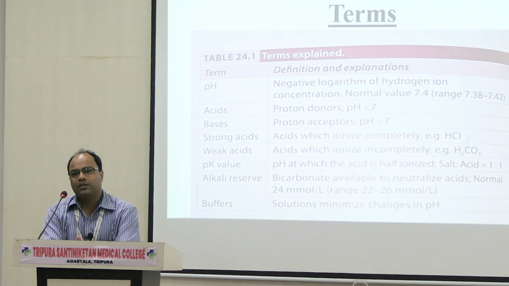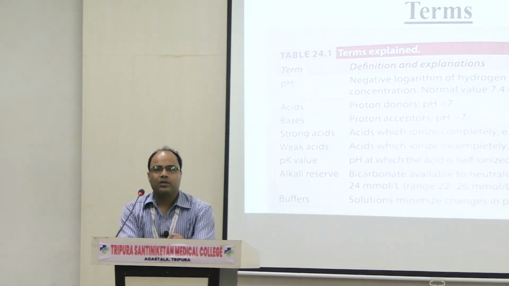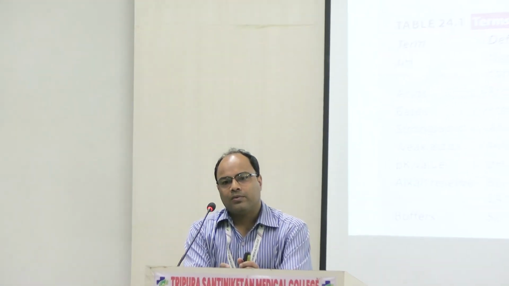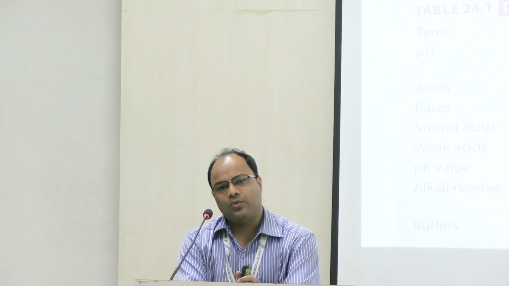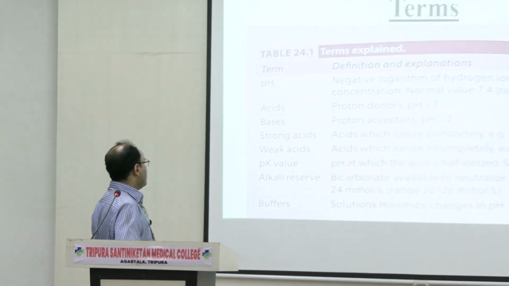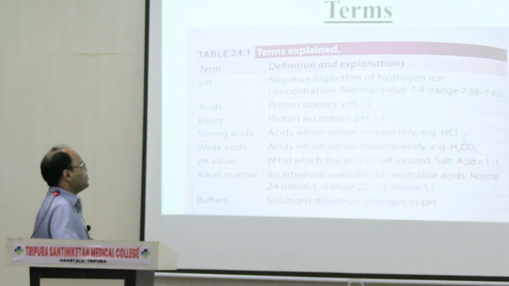On the other hand, you can say 50% of acid will be neutralized and give rise to salt. So here you have salt to acid ratio 1:1. Understand? Okay. pK means the pH at which the acid is half ionized, like salt is to acid 1:1.